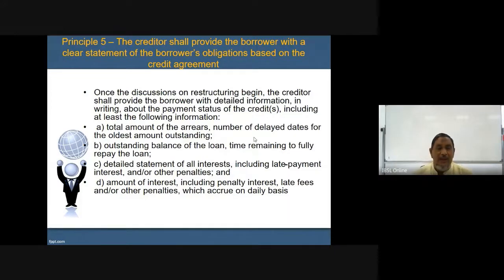Right? Detailed statement of all interest, including late payment interest and other penalties, and all amounts of interest, including penalty interest and late fees, which accrue on a daily basis. When it comes to the negotiation table for a restructuring, all the information about the customer's account has to be provided.